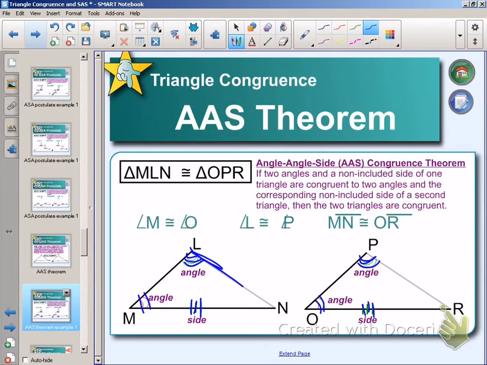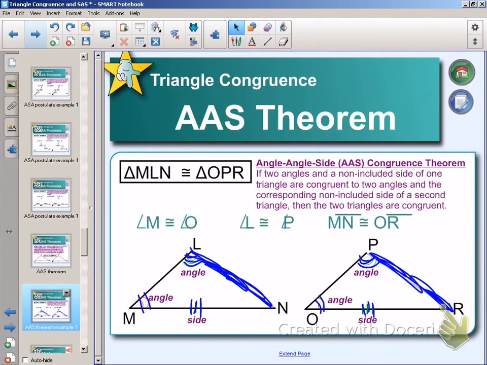You would never be able to draw a different line here to create any other triangle. If you have those two angles and that side, notice that it's in the order angle, angle, side, with the side at the end, meaning that side is not the included side, it's the non-included side. Then you can determine that two triangles are in fact congruent.